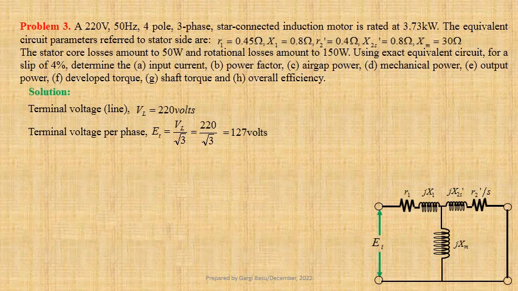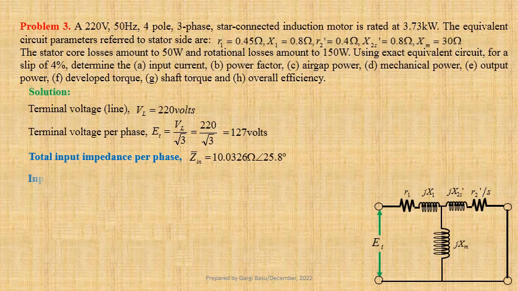We have obtained total input impedance per phase Zin equals 10.0326 ohm at an angle 25.8 degree. Now we shall calculate input current per phase. I1 equals ET divided by Zin.